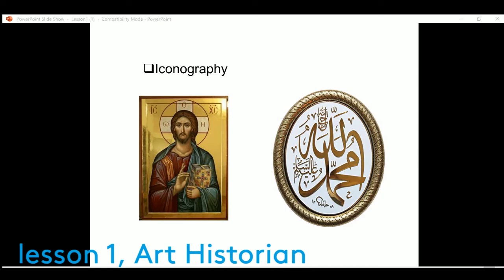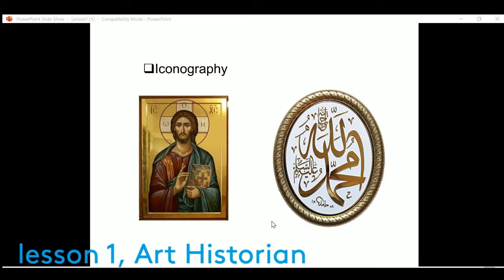Now we come to iconography. When we talk about iconography, it is actually also an art. This is where you would see paintings of Jesus Christ. If you're a Christian, you will probably go to your home and see that they put a Jesus Christ painting.